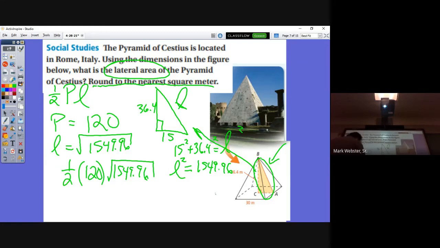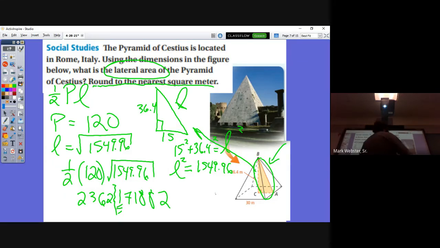And here's what we get. And then it says round to the nearest square meter. We're just going to look at that and say, all right, well, that's a 1, so we're going to round down.